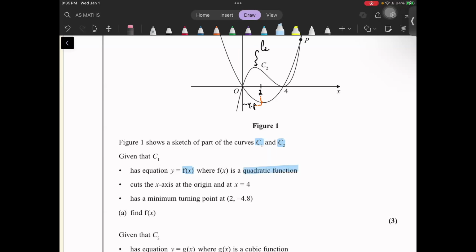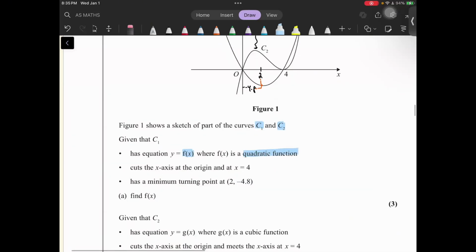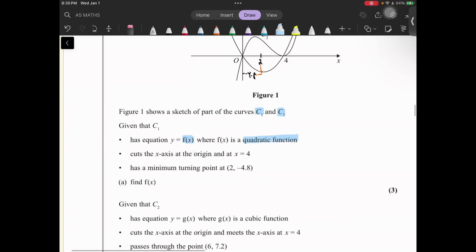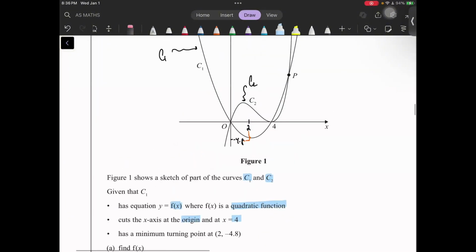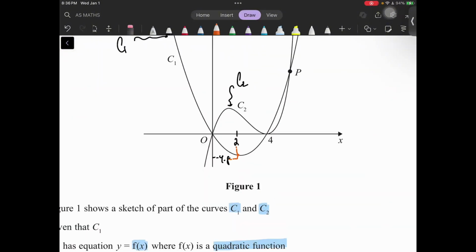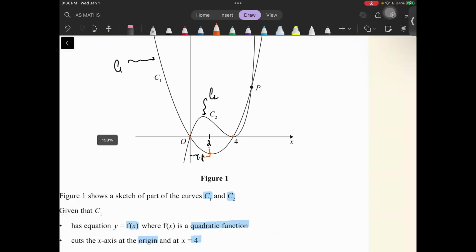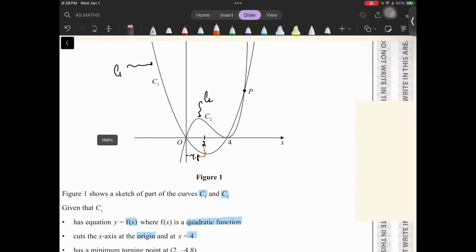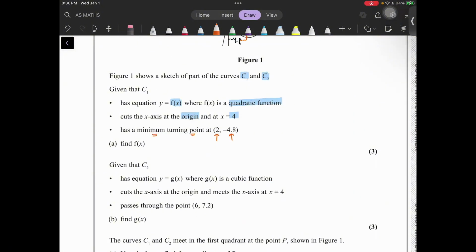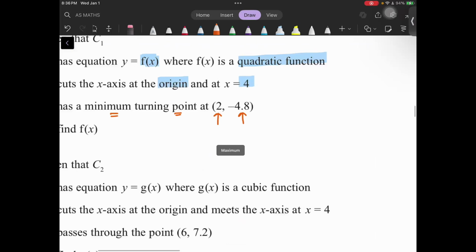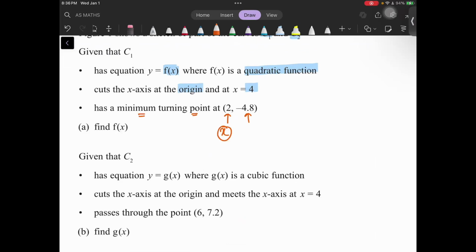C1 cuts the x-axis at the origin and x equals 4. It has a minimum turning point of (2, minus 4.8). This is the x coordinate of the minimum turning point, and this is the y coordinate, right? Okay. So find f of x.